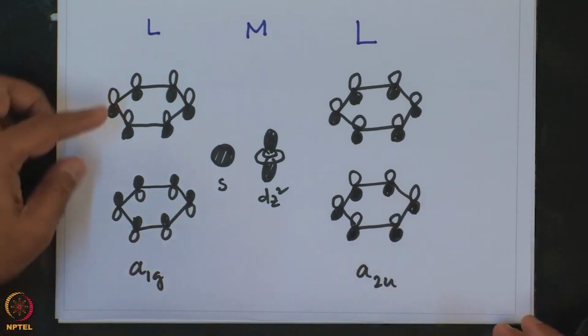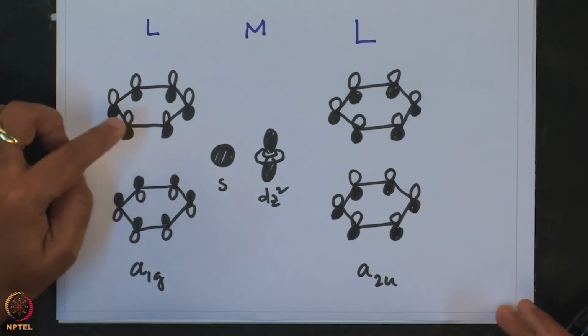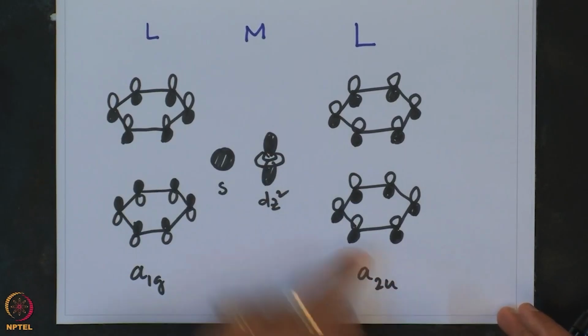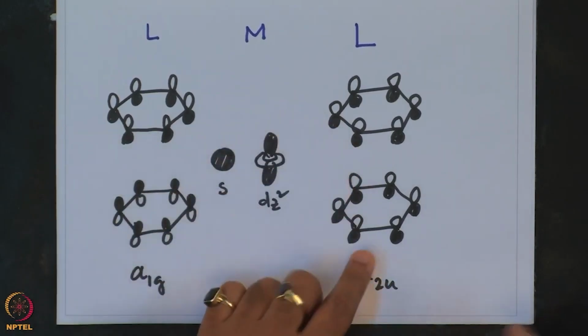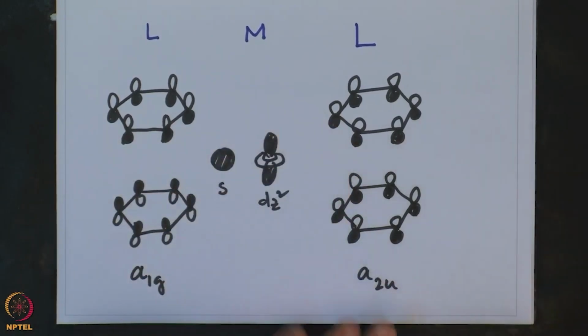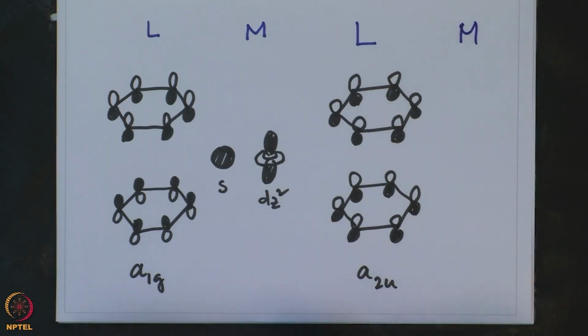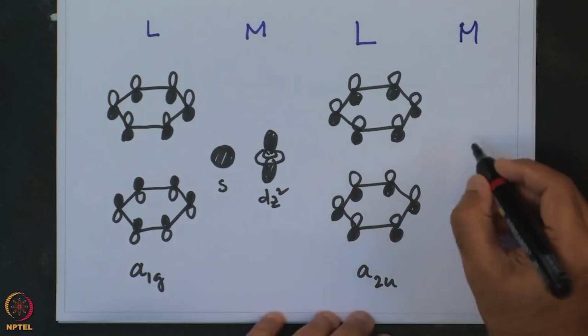So, in the A1G alignment, the dark shades are on the bottom and the top of the ring, but in this alignment, A2U, the dark shades are both at the bottom of the ring, and the corresponding metal orbital that would be interacting with it would be Pz.